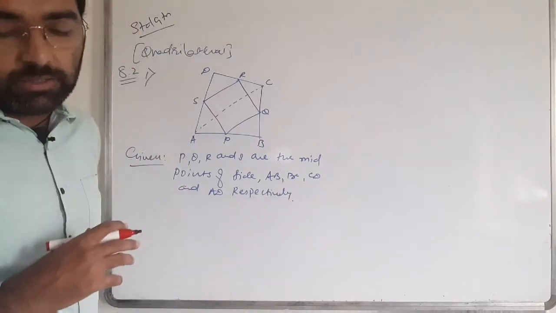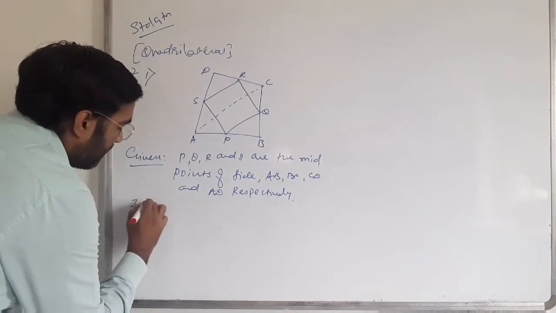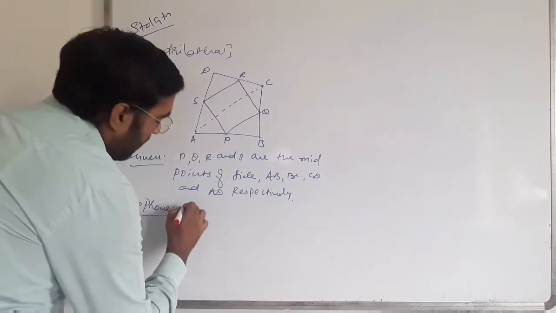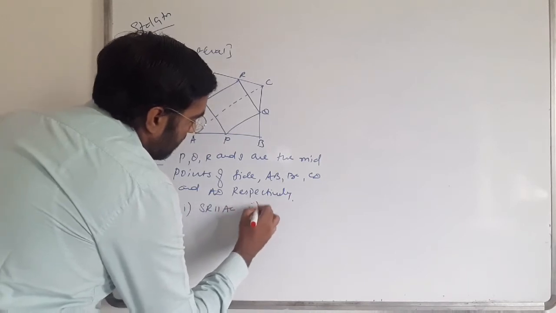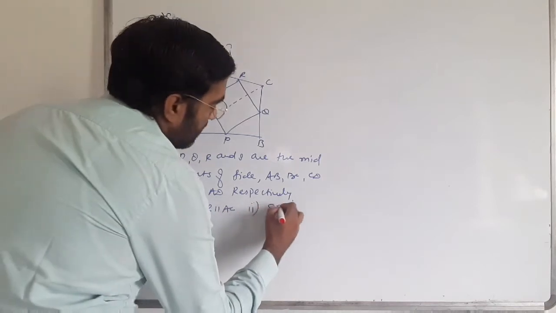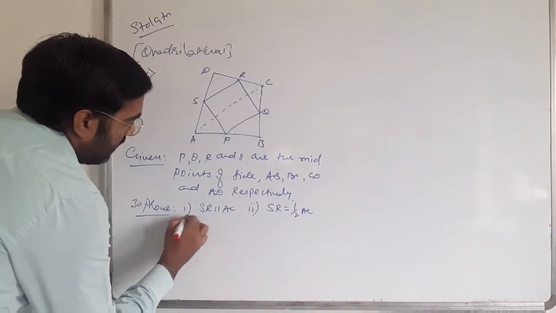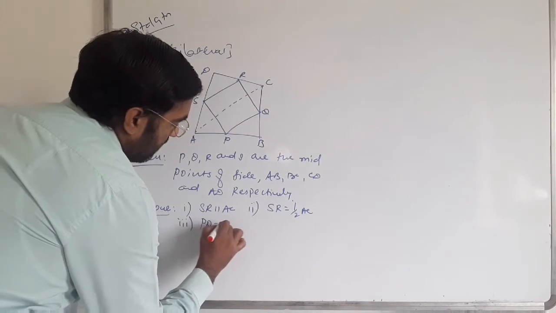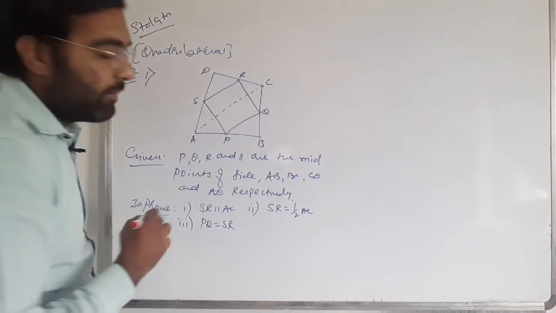Now for the second thing, we have to prove that: first, SR is parallel to AC. Second, SR is equal to half of AC. Third, PQ is equal to SR, and PQRS is a parallelogram.